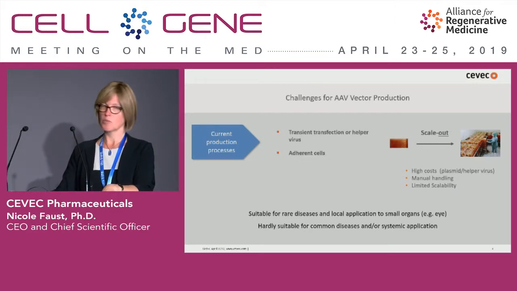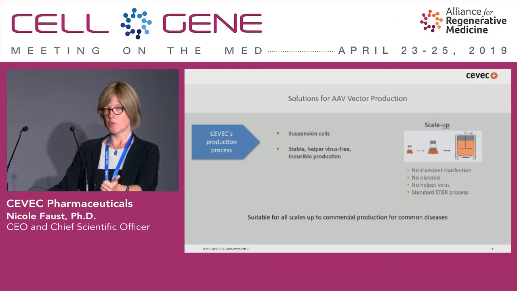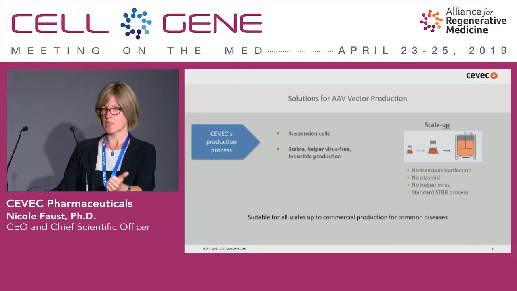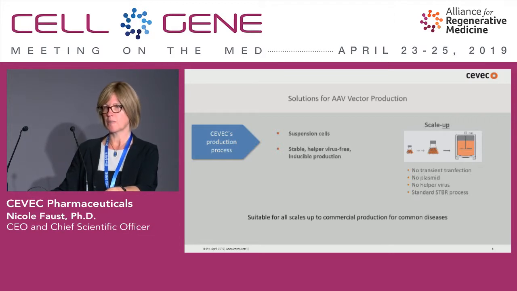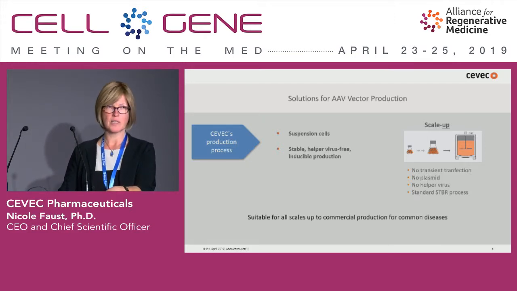This new platform, first of all, relies on suspension cells, so you're not limited by substrate dependency of the cells. You can grow the CAP-GT cells, of which our platform consists, in any standard stir tank bioreactor format, in high-density cultures using serum-free chemically defined media.